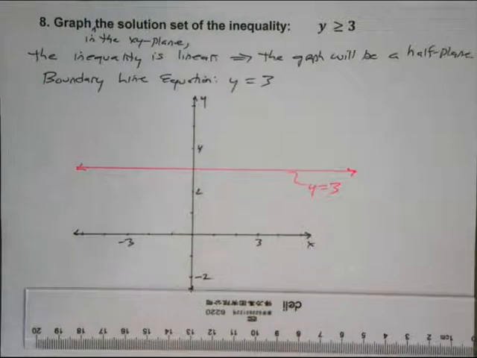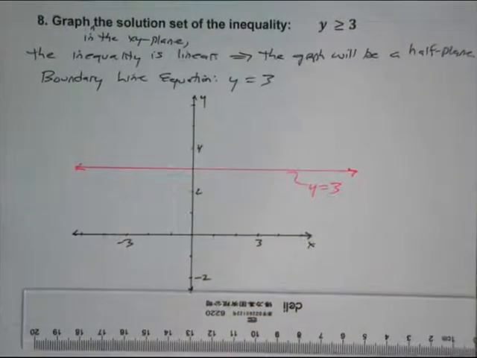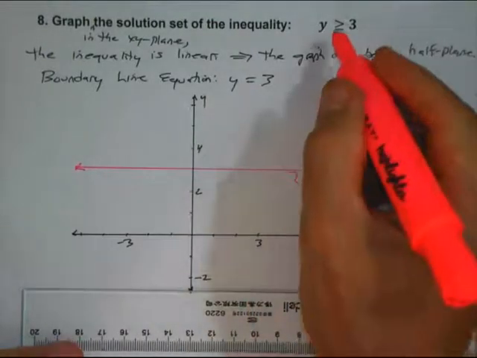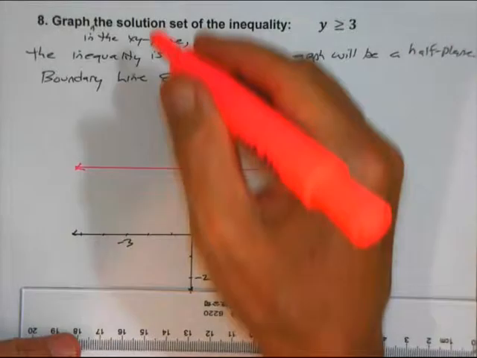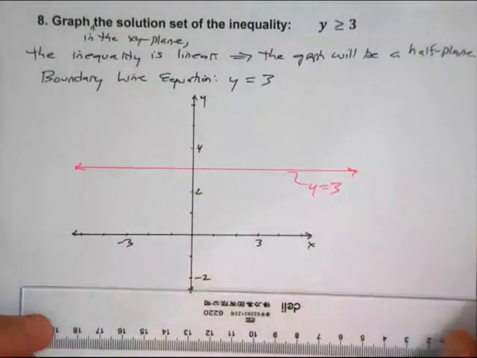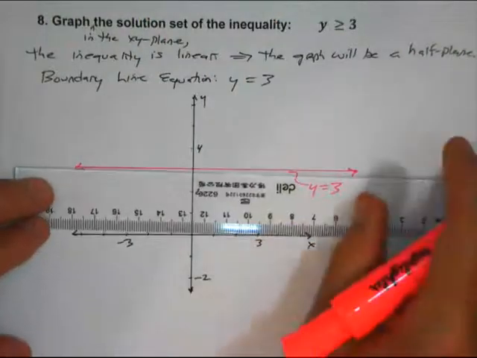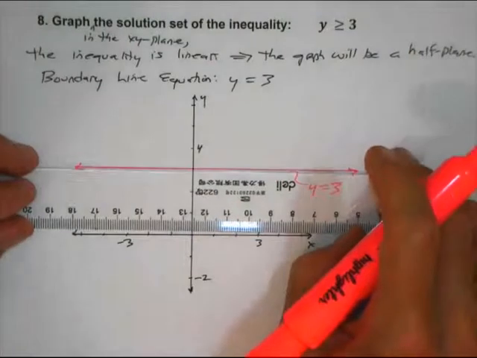Then the issue of shading. In this case, just by visually looking at the inequality, it wants the y to be greater than or equal to 3. Well, the y needs to be 4, 5, 6, and so on. In other words, we're going to shade above this horizontal line.